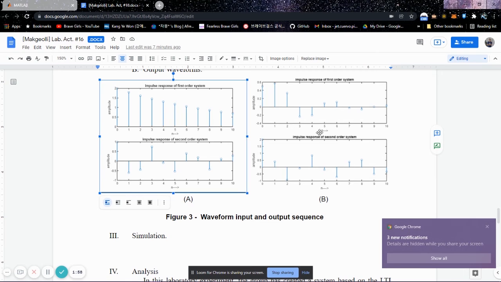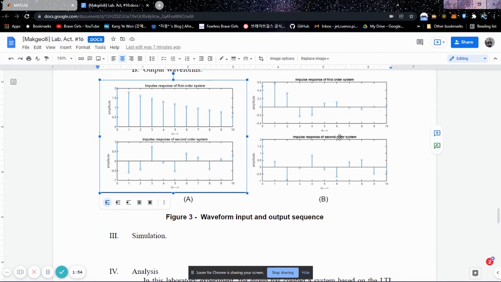On the second order, it is more of an alternating amplitude per n as n increases, and the amplitude is leaning towards the negative side as there is less data in the positive amplitude.